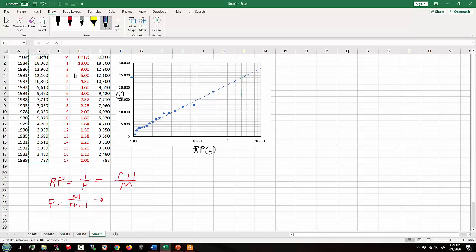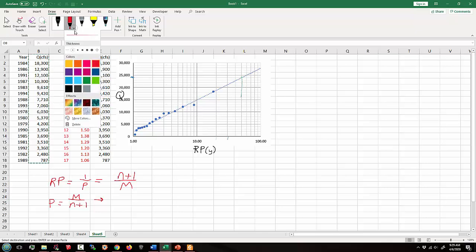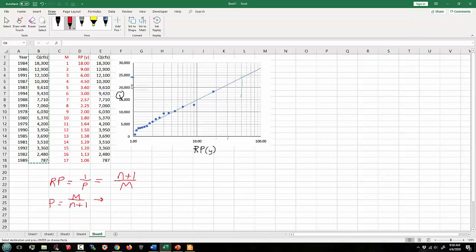Notice there's a couple other ways we can use this relationship. For example, we might ask the question, let's do this in red here, how often would we see a peak annual discharge that equals or exceeds 21,000 cubic feet per second? Maybe that corresponds, using a rating curve, to a stage that creates flooding.